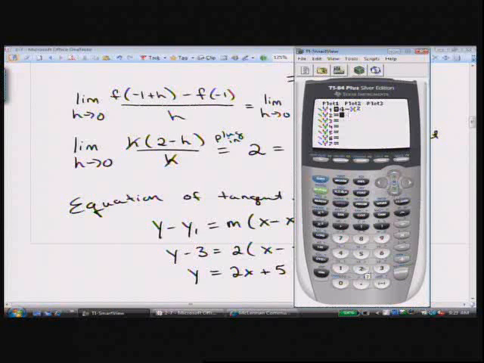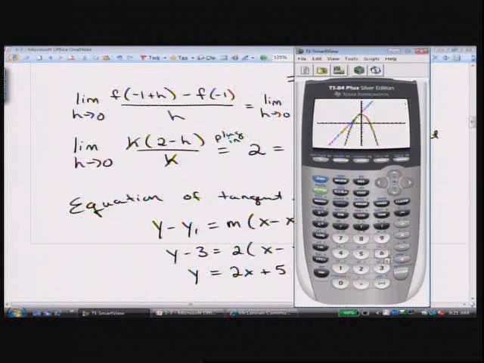And then if you graph the line 2x plus 5, and I can do this in the standard window, you can see that we actually do have a point of tangency at negative 1, 3, and that's that line. So we found the equation of the tangent line, or actually the equation of the line at that point. Is that fun?